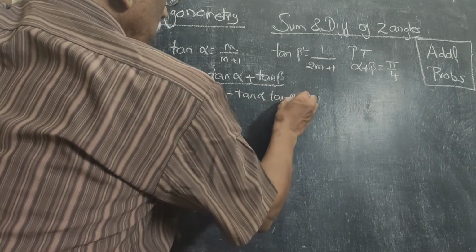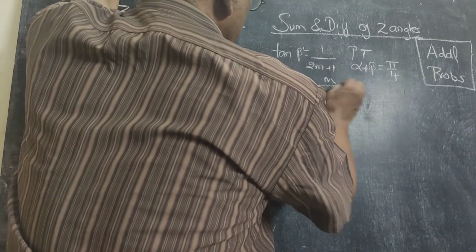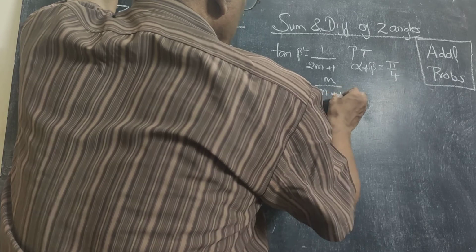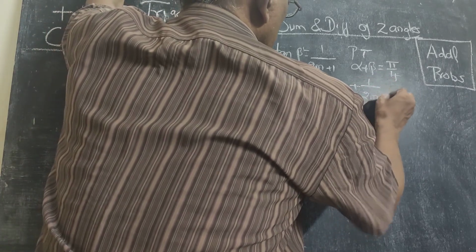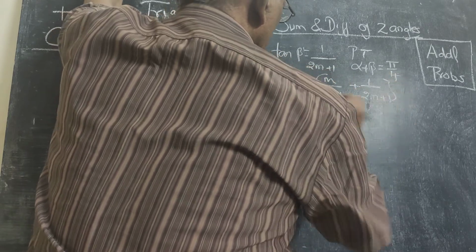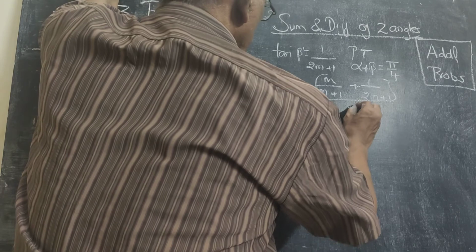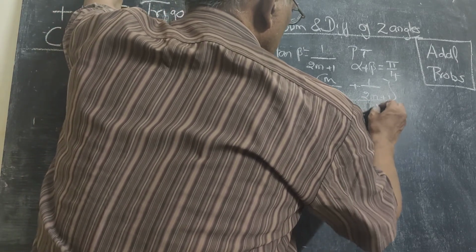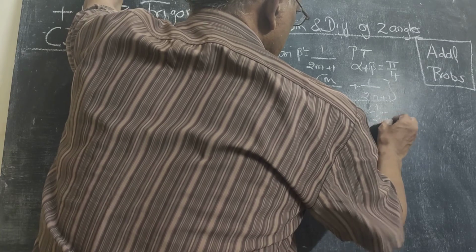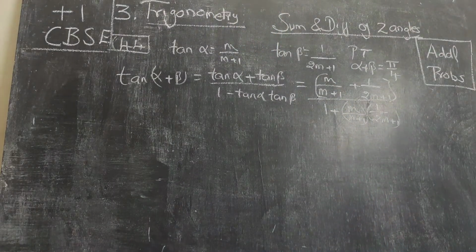We know the values of tan alpha. So m by m plus 1 plus 1 by 2m plus 1. The whole thing divided by 1 minus tan alpha into tan beta. So m by m plus 1 into 1 by 2m plus 1. Just substitute.